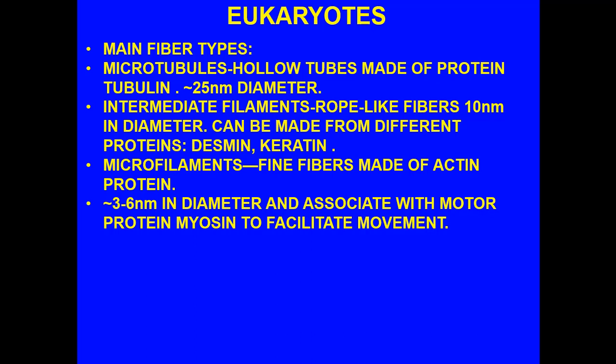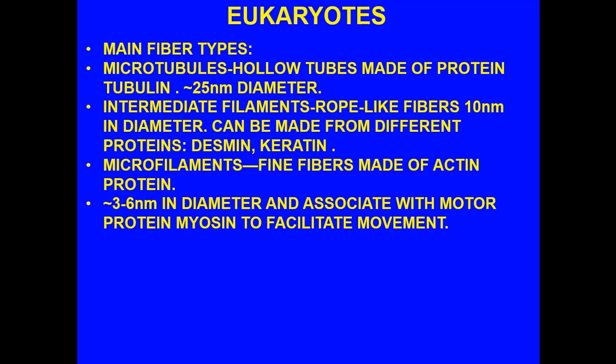Microfilaments. These are very fine fibers. They're made up of actin protein. And if you remember your anatomy and physiology, you know about the thin filaments and thick filaments that you find in a sarcomere, in the skeletal muscle. The thin filaments are made of actin microfilaments, and you have myosin as the other thick filament.